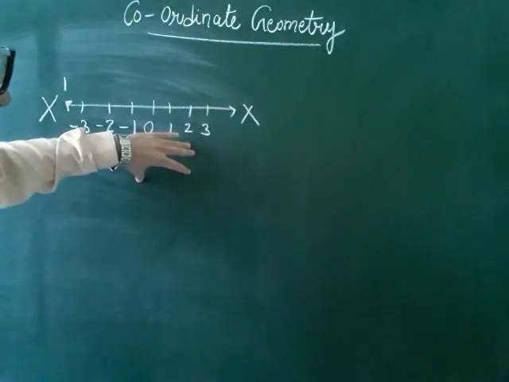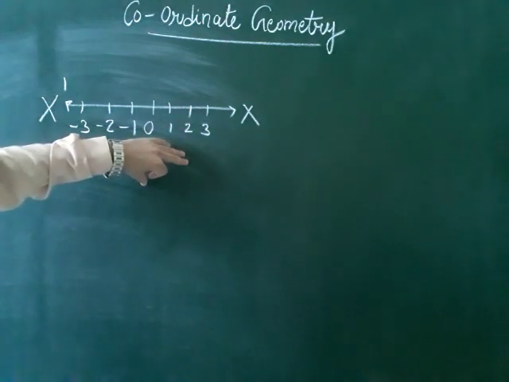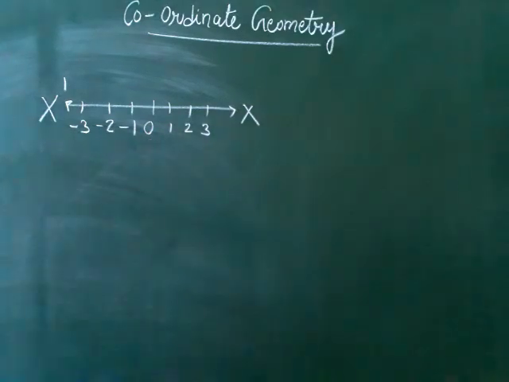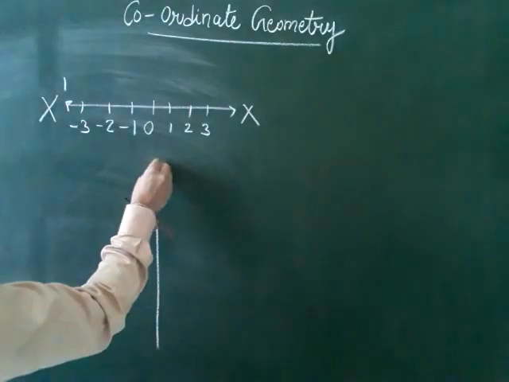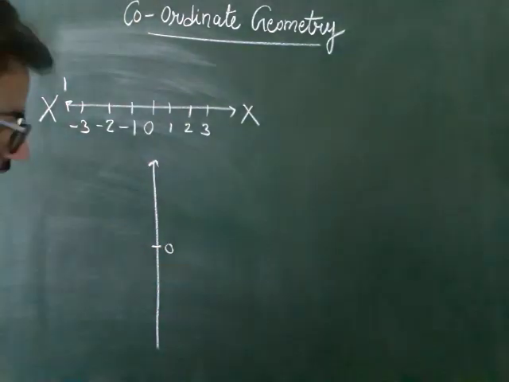If I rotate this number line by a 90-degree angle anti-clockwise, then this number line will be like that, where this will be the middle point of the number line.